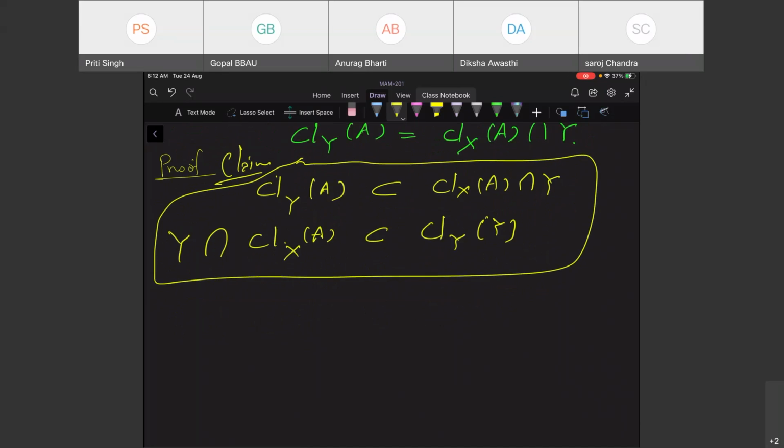By definition, what is closure of A in X?